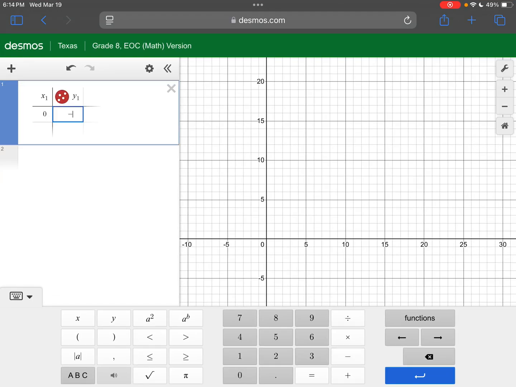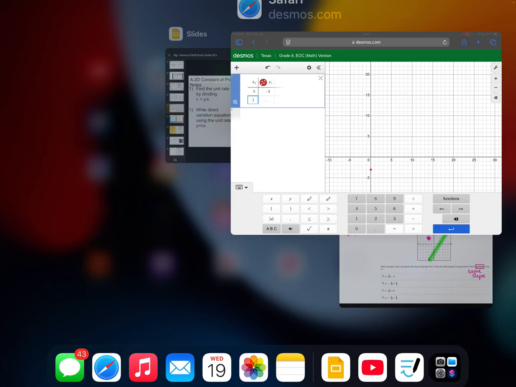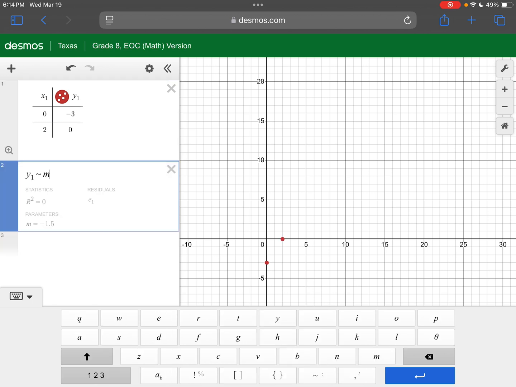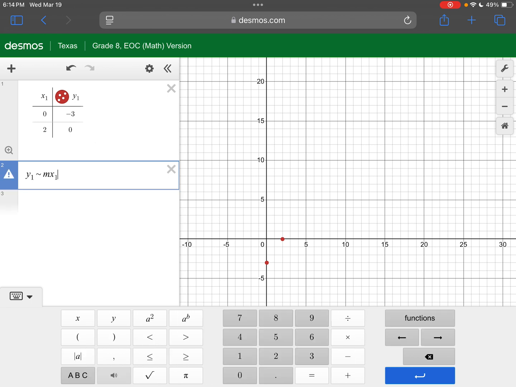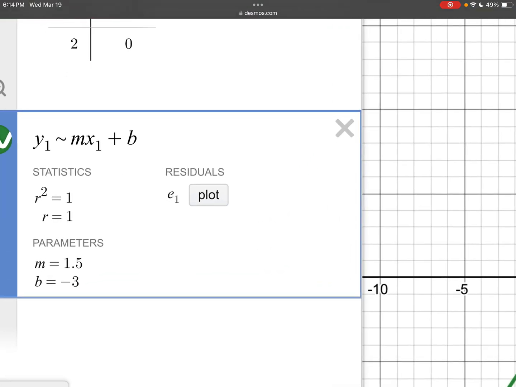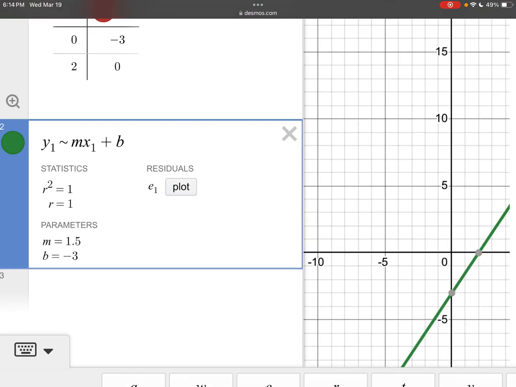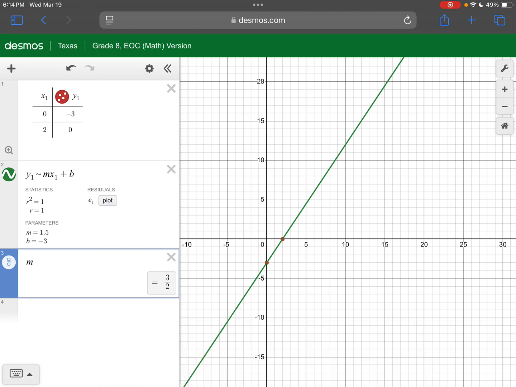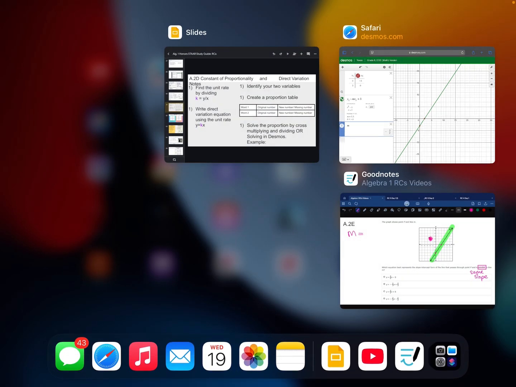Zero, negative 3, and 2, 0. y1 tilde mx1 plus b. My slope is 1.5. Okay, let's put that as a fraction, 3/2.